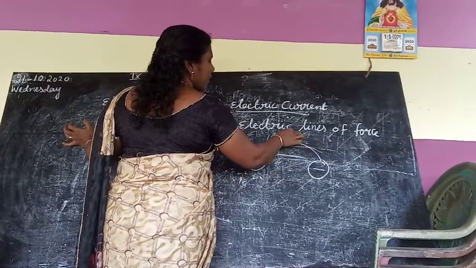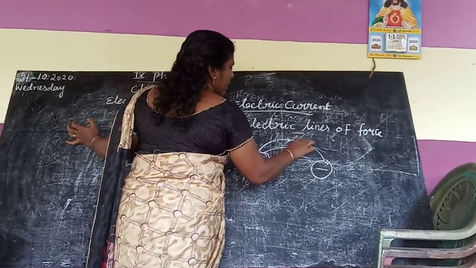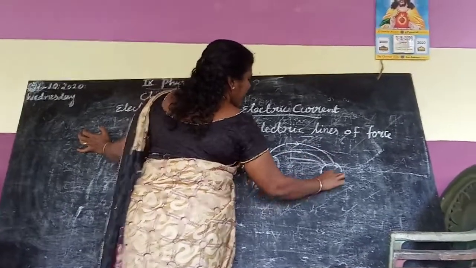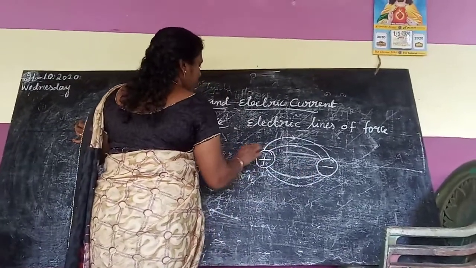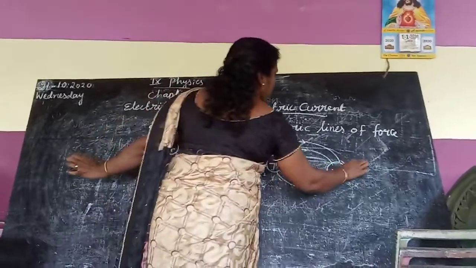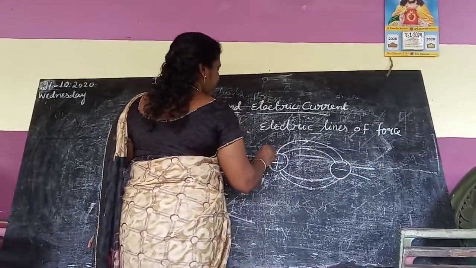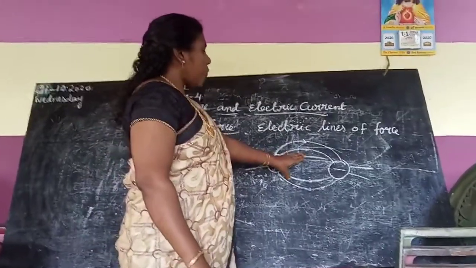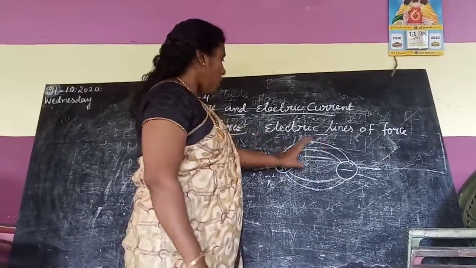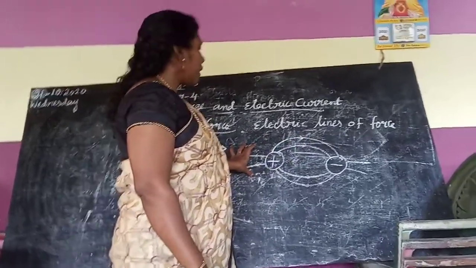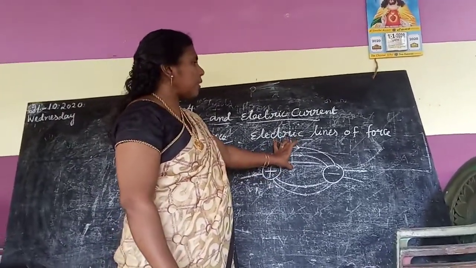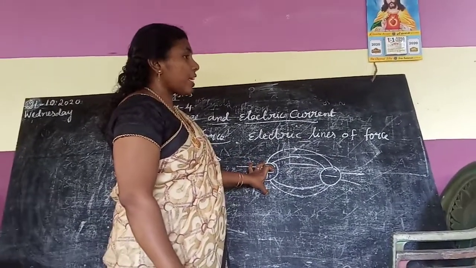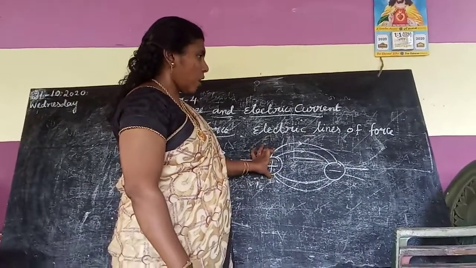The electric lines of force start from positive charge. The lines will curve, or sometimes they come as straight. See the straight, here also straight. So the electric lines of force are curved or straight, and where do they start? They tend to start from the positive charge.